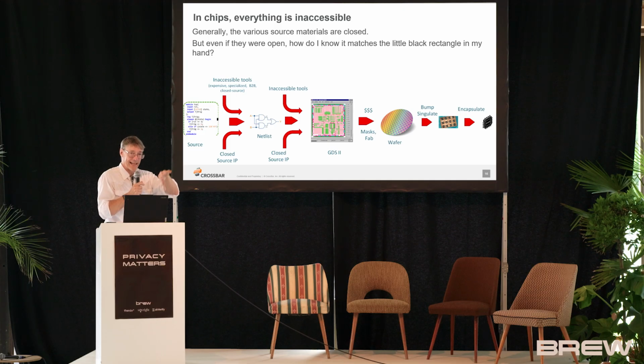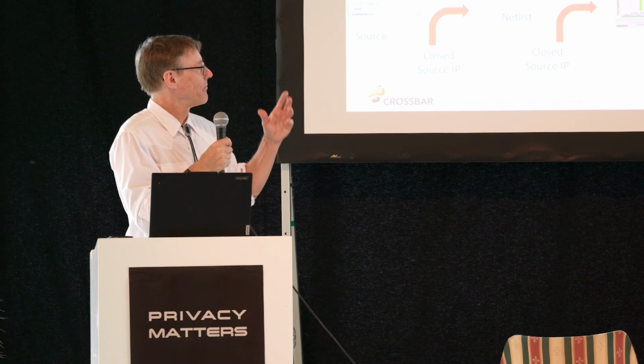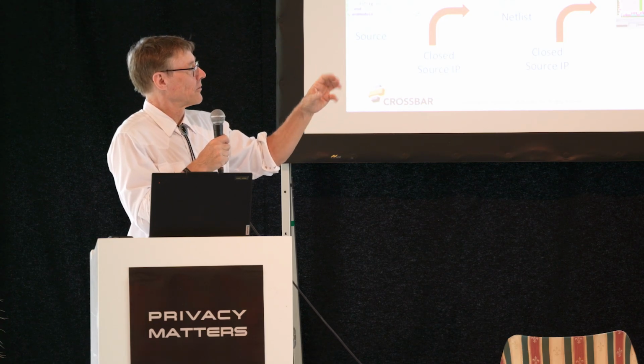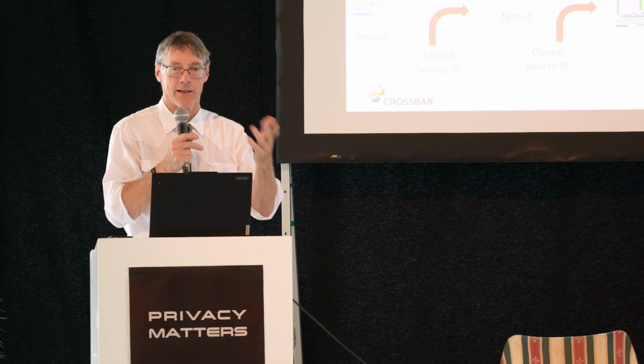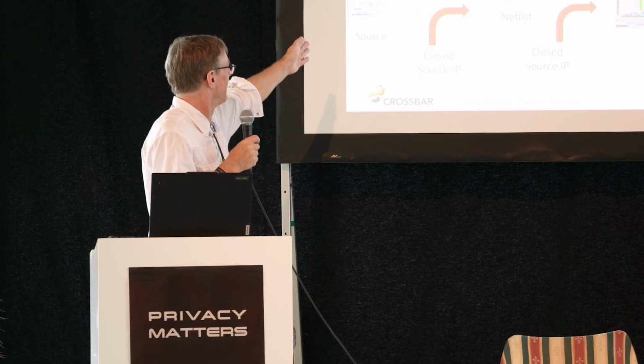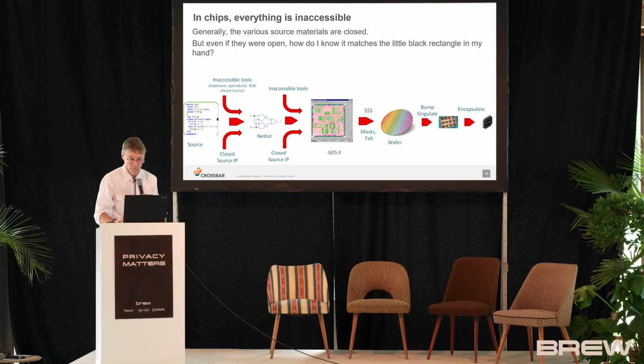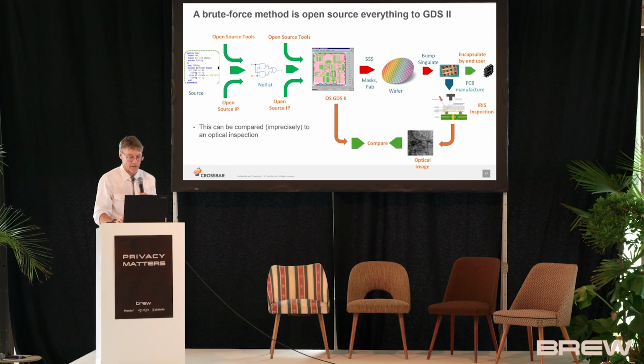That's not only the layout cells, but all the other types of IP that go into the chip: analog, IOs, memories. And then you have a very expensive process to create a wafer. You bump it and singulate it, you encapsulate it, everything's closed. There's just nothing to correspond this source to that little black rectangle. Sad state of affairs, right?